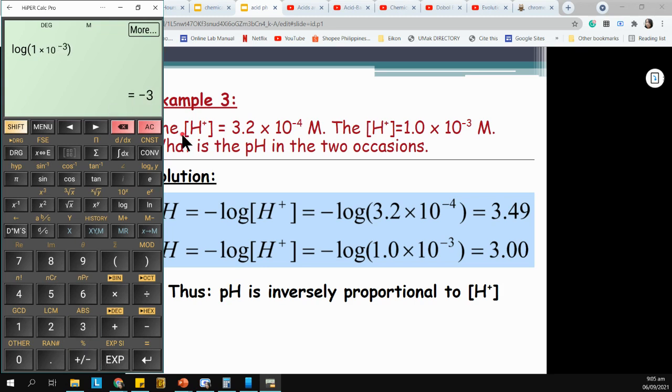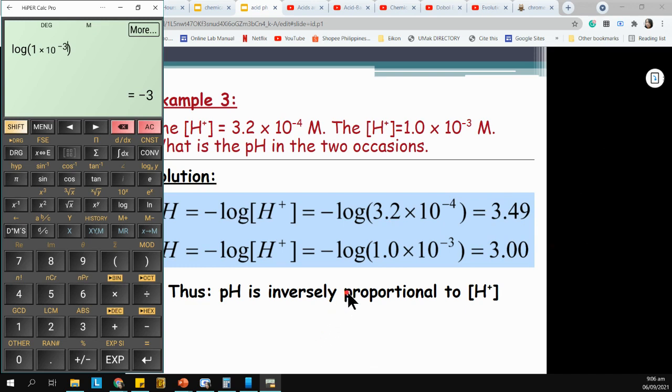So, yan yung sagot niyo. Now, since wala siyang value na mas mababa pa, pwede natin gamitin yung minus sign dyan. Pero pag meron siya like 3.2, 3.3, or anything that is not exact whole number, hindi natin pwedeng tanggalin. I-manual nyo na lang na isulat dito. Okay? So, yan.